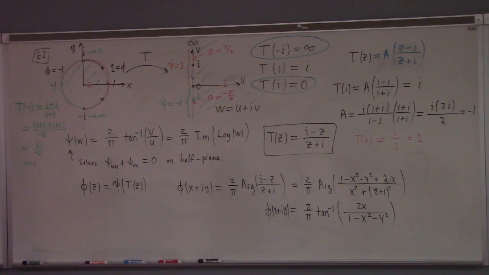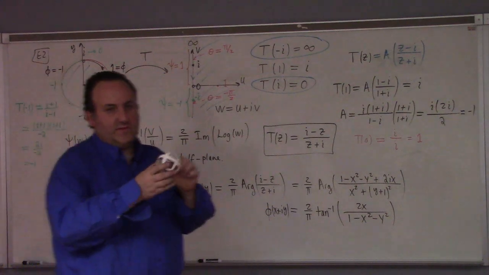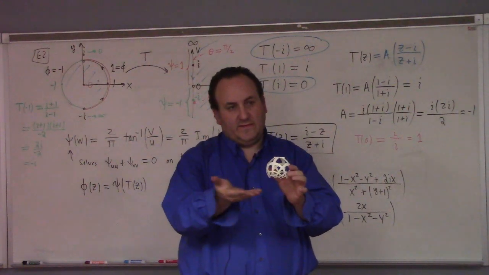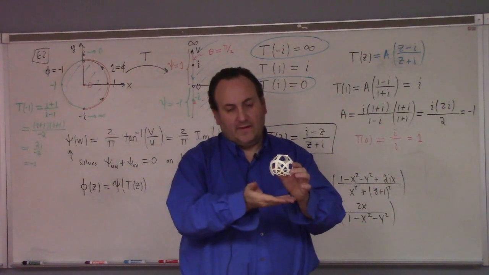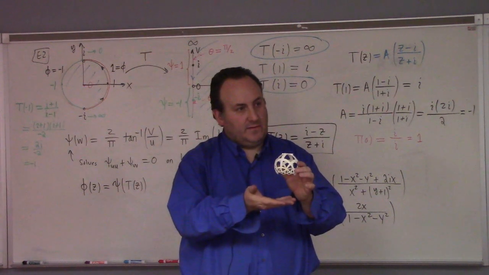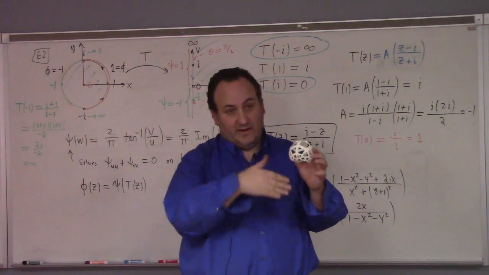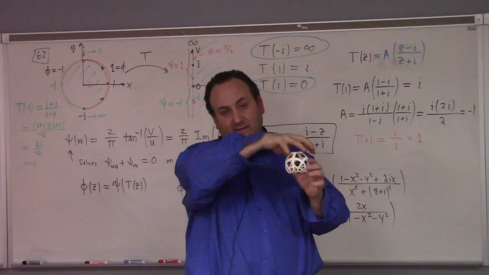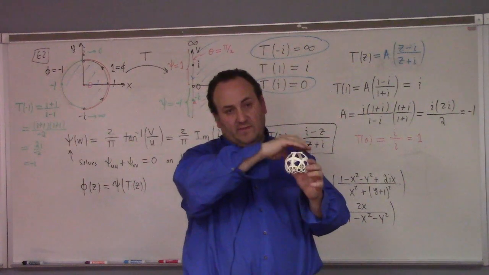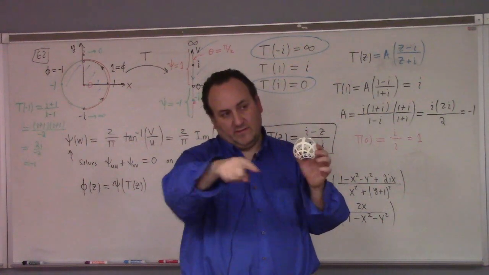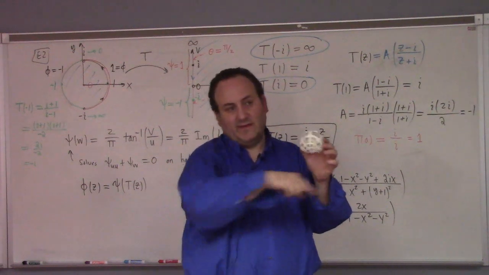So what's going on there is, if you take the grid on the complex plane, the orthogonal coordinate xy grid, and you map it back to the Riemann sphere, this is the inverse image of the horizontal and vertical lines on the plane.